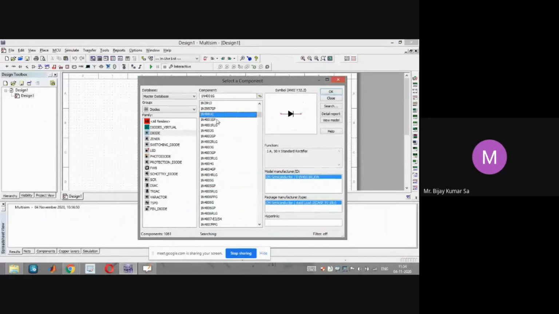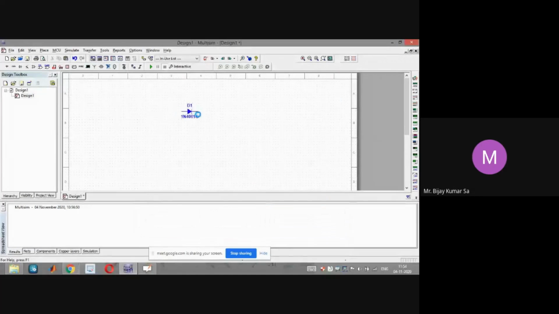Yes, 1N4001G is there. If we bring it to our virtual breadboard, let us see.